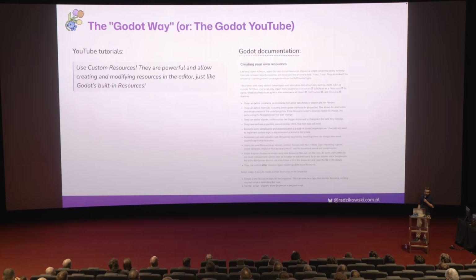In multiple YouTube tutorials, I found one solution that I could summarize as: use custom resources. They are awesome, they are great, you can edit them in the Godot editor, just like the built-in Godot resources. Okay, makes sense. But just to be sure, I also checked the Godot documentation. On this big screen it's even somewhat readable, but the most important thing is that there are a lot of bullet points, and all of them describe why custom resources are better than other data formats. Okay, makes sense. I'm convinced.